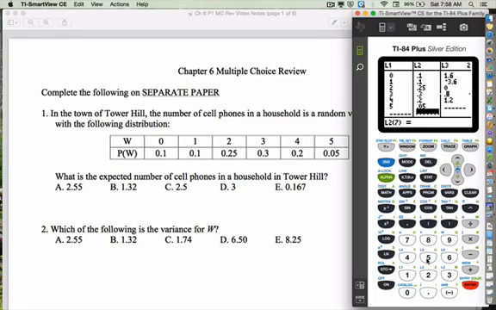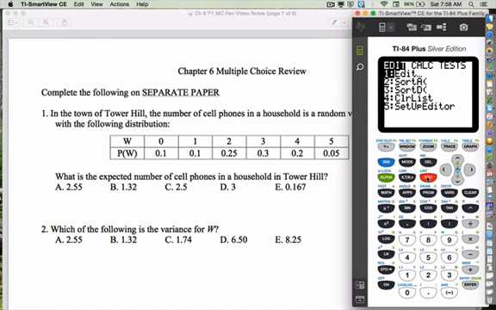I'm just going to double check and make sure I have them all right. And then to get both values, we want to do stat calc, one var stats, and I want my list to be L1, my frequency list to be L2. If you have the other kind of calculator, then your command will look like this, one var stats L1, comma L2.